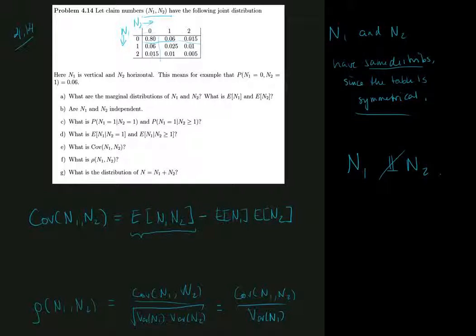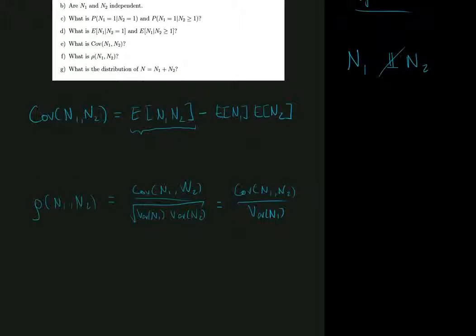So in this exercise, before I can find the covariance and the correlation, I need to find the mean value of N1 multiplied by N2.